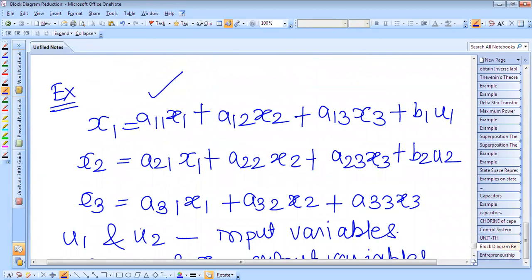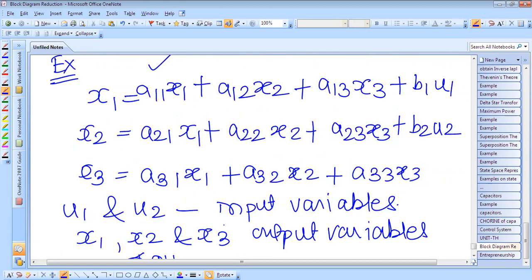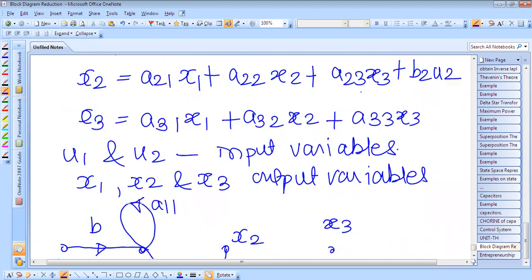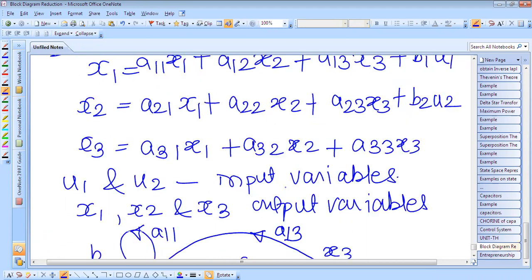Now again a12 x2, so the signal which is coming at x1 is a12 x2. Similarly, one more is a13 x3, so it is coming like this. In this way we can draw the signal flow graph for the first equation.